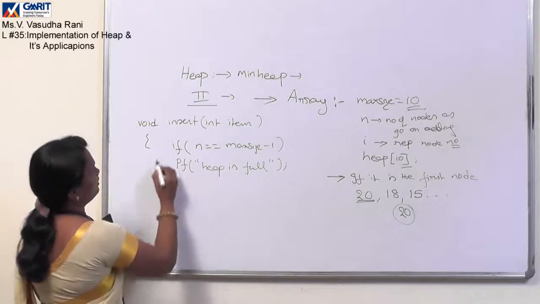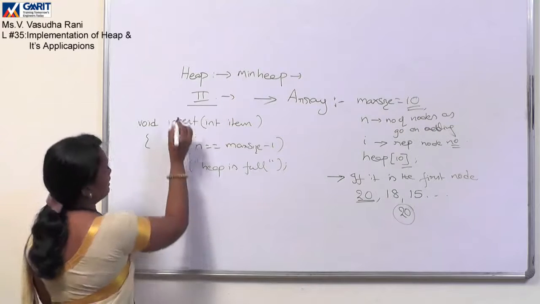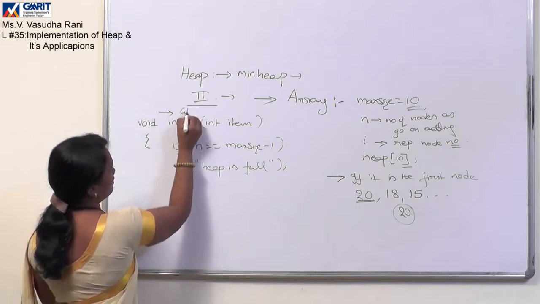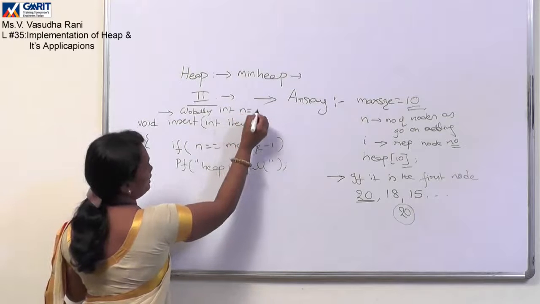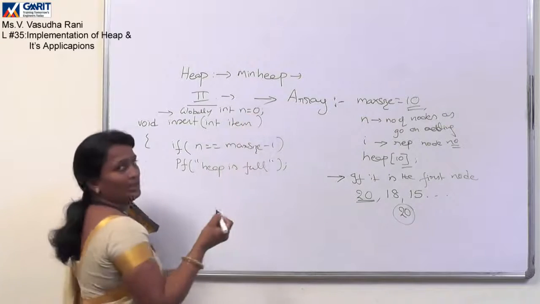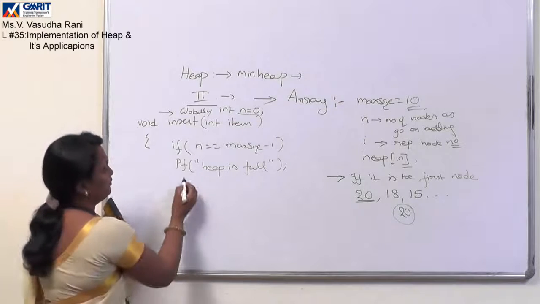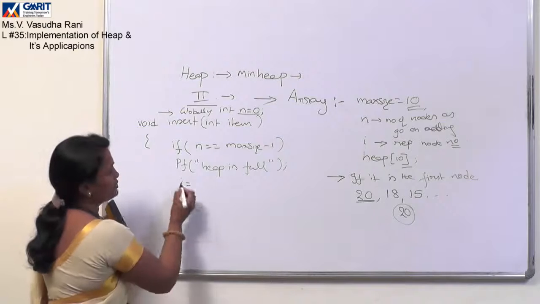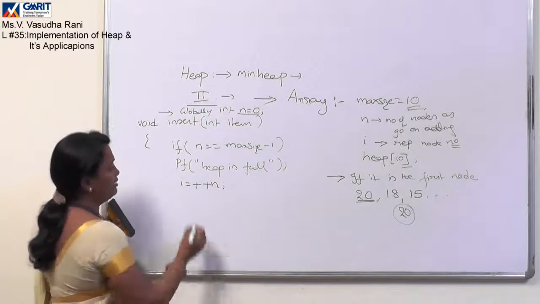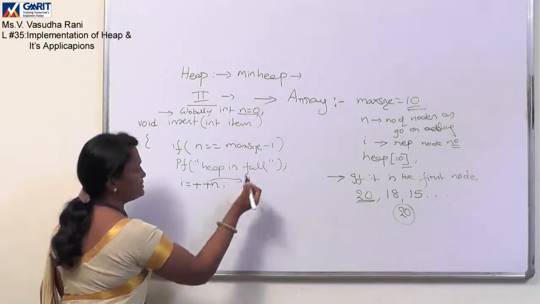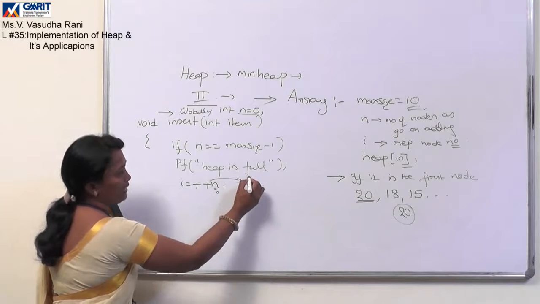Here, i represents the node number, and globally we have to define n equal to 0. Let us take the number of nodes globally, n referring to 0 initially. Our node number should start from 1. For that, let us take i equal to ++n. So the first i value is 1, because n is 0, plus 1 gives the value 1.